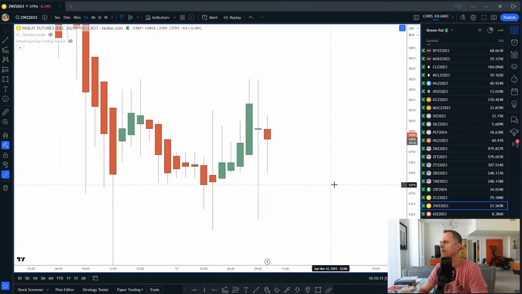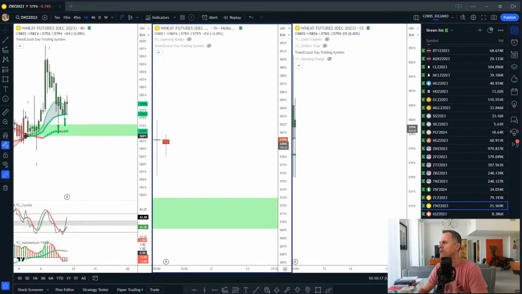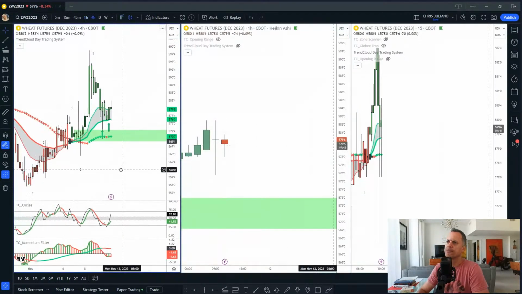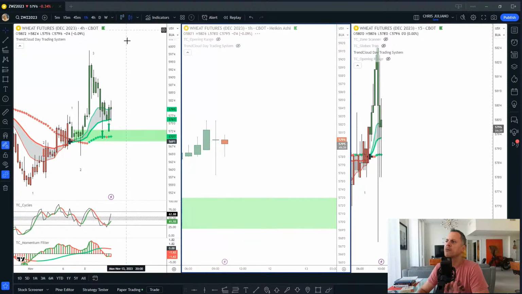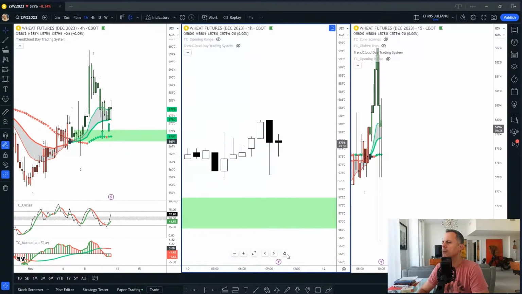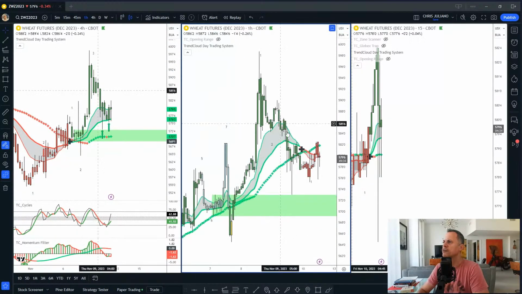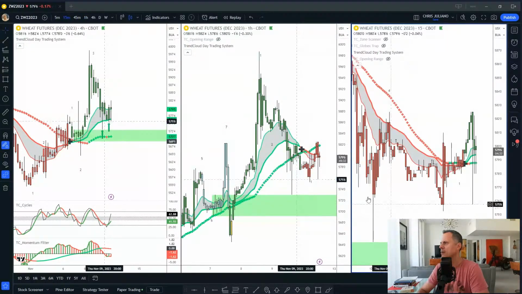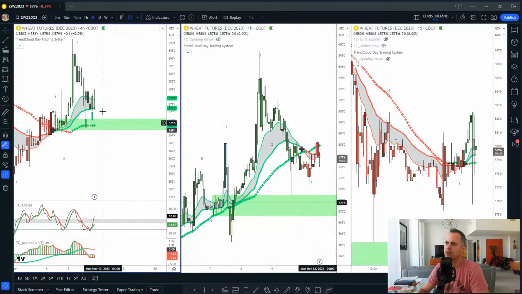How about wheat? Whoa. What's going on with wheat? Let's go back to regular candles, recalculate the chart, put our Trend Cloud back on there. Upward trend.